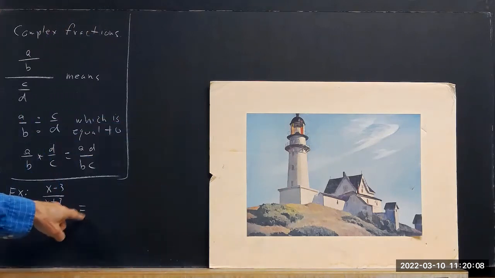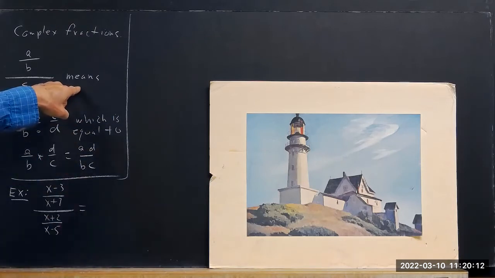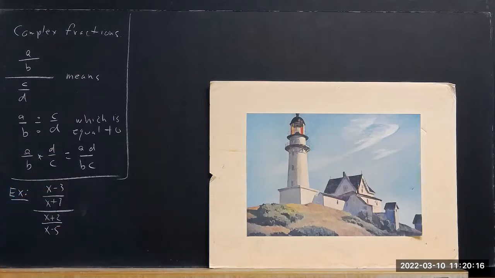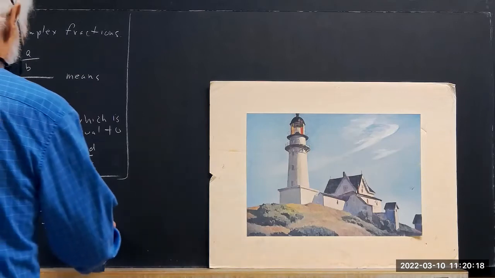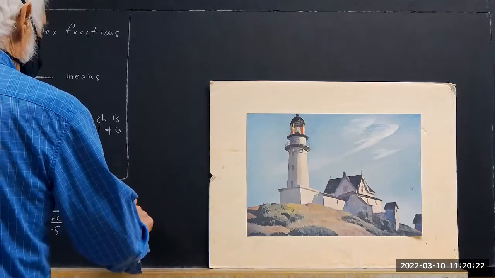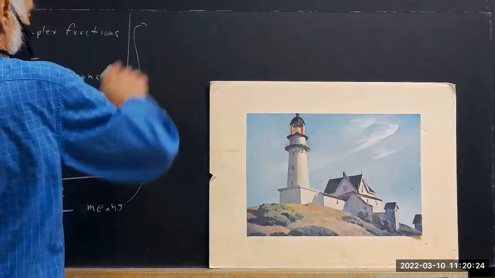Of course, I might have misled you by starting off with an equal sign here instead of the word means. So I'll take responsibility for that, but think about what I just said. Okay, so this means, well, I'm going to go up here.